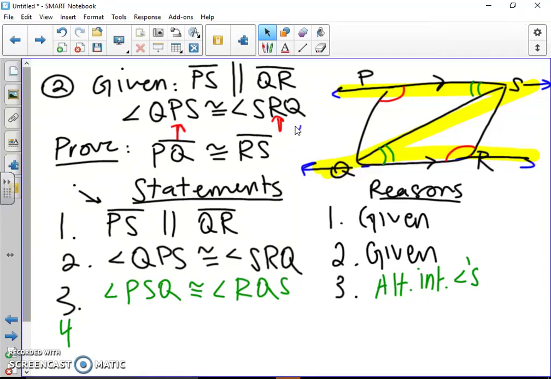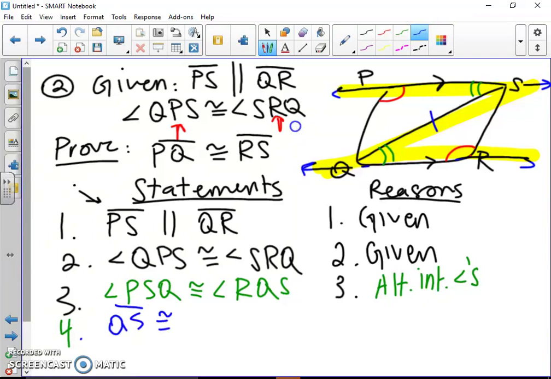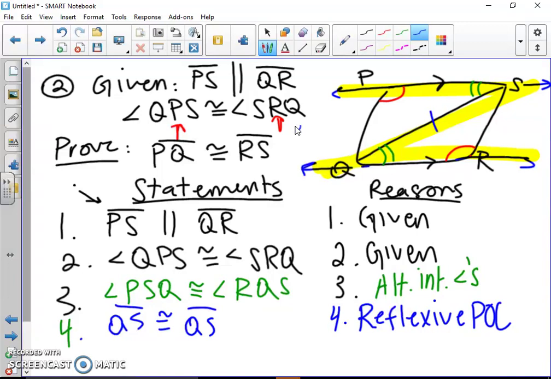So I've got an angle, and then this side, that side's itself. So QS is congruent to QS, and that's just through the reflexive property. All right. So this is enough to say by angle, side, that these two triangles are congruent.